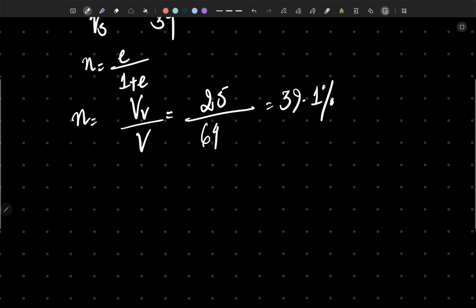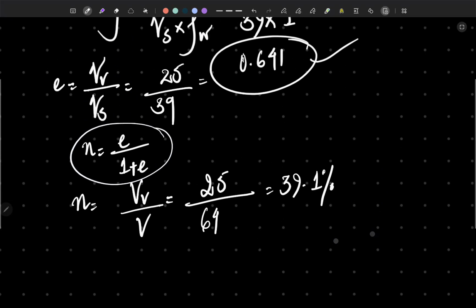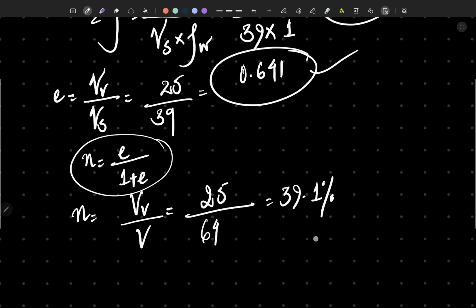Alright, or alternatively, we can use this equation. We know this e, so n will become 0.641 divided by 1.641, which is equal to, let me calculate and find it out. We can use two different methods to find the porosity. 0.641 divided by 1.641 multiplied by 100, it is 39.06.